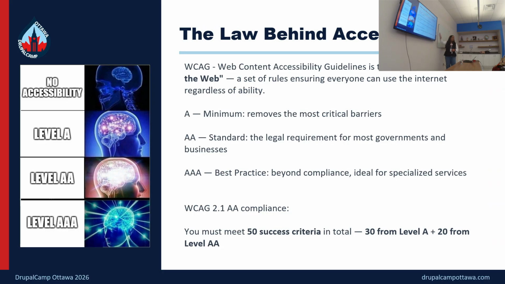A is the bare minimum. It covers all the critical barriers, and this needs to be fixed. AA is a legal standard requirement for most government sites and businesses. AAA is the best practice. It's beyond compliance, and it's just for specialized services. And yeah, these are the 3 levels.